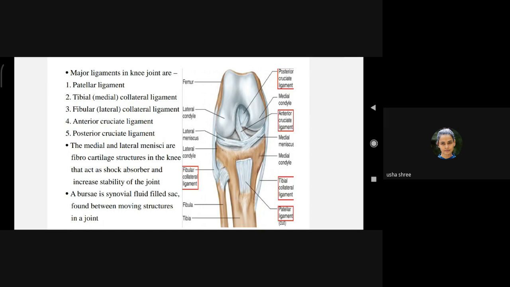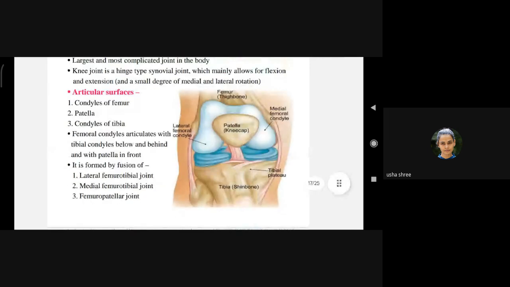So these medial and lateral menisci are fibrocartilage structures. So you were asking about this denser blue colored structure. These are cartilages whose main function is to absorb shock.